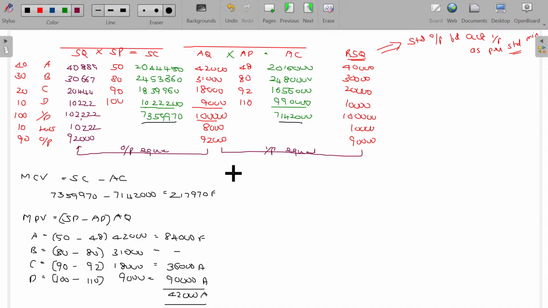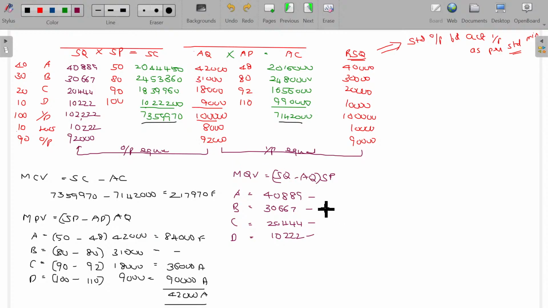Then we'll move on to the next one, material quantity variance. Standard quantity minus actual quantity into standard price will be taken. For A, B, C, D, standard quantity being 40,889, 30,667, 20,444, 10,222.